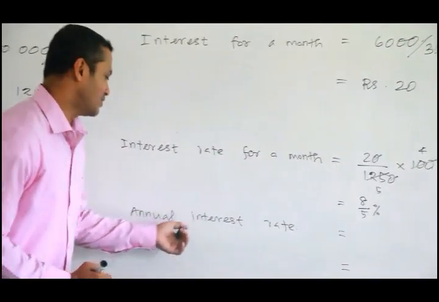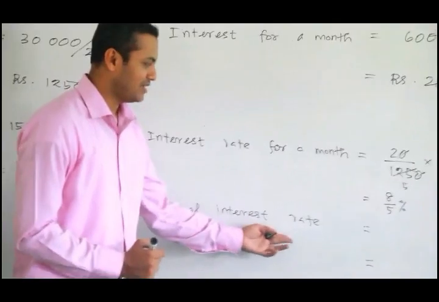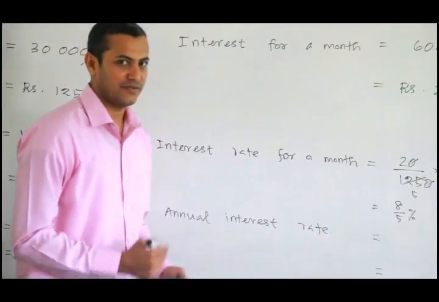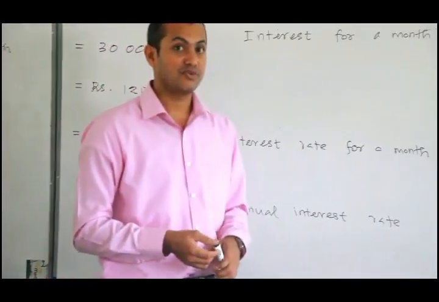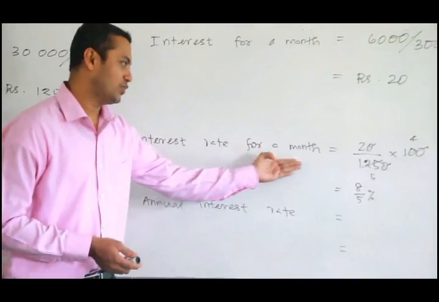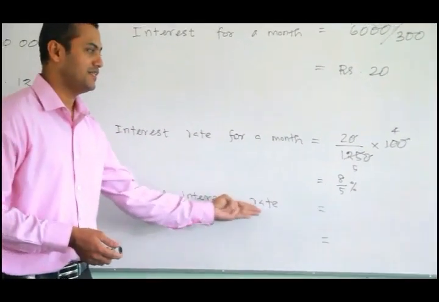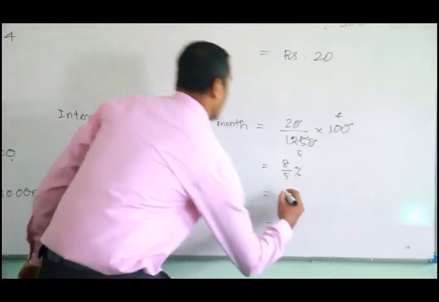Is that clear? To calculate the annual interest rate, that is the question. To calculate the annual interest rate, we are going to multiply by 12. Why? In a year, 12 months are there. This is for a month. So, to get the annual interest rate, we need to multiply this answer by 12.